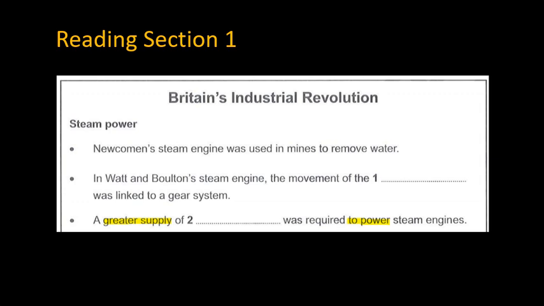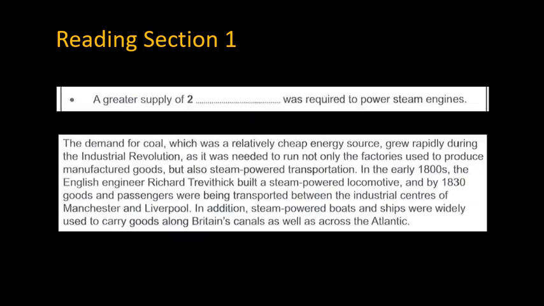If you know a little bit about this kind of thing, you might know the sorts of things that you would need to power a steam engine. It's going to be some kind of fuel supply. So that takes us to this paragraph. Greater supply, we have the phrase demand grew rapidly, there with something in between, but that shows a greater supply.